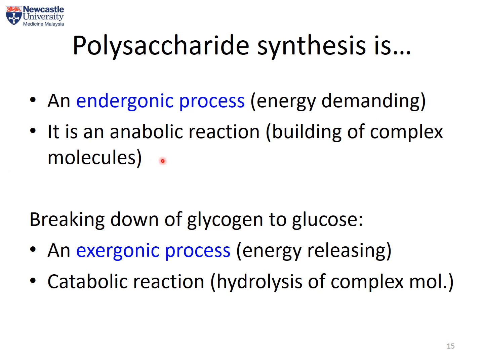On the other hand, the breaking down of glycogen to glucose or the breaking down of starch into glucose is an exergonic reaction because this reaction will release energy, and therefore it is a catabolic reaction which involves the hydrolysis of complex molecules back into their respective building blocks.